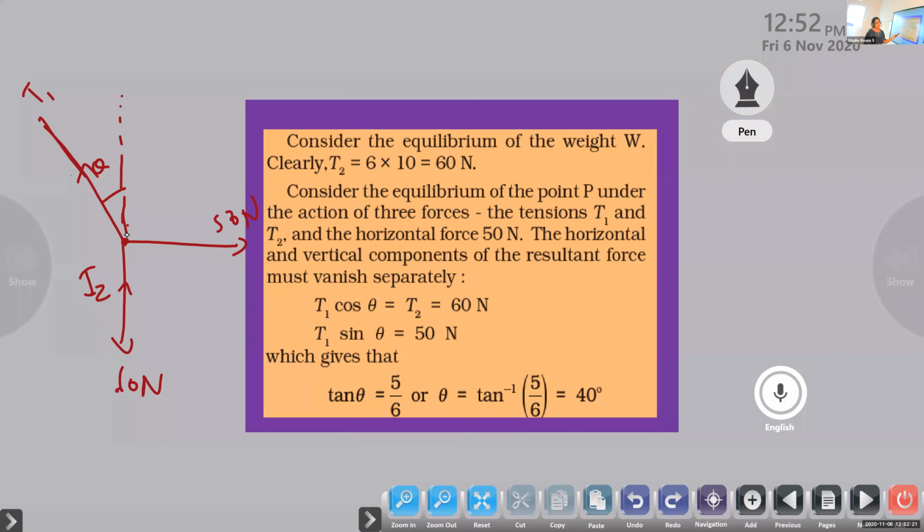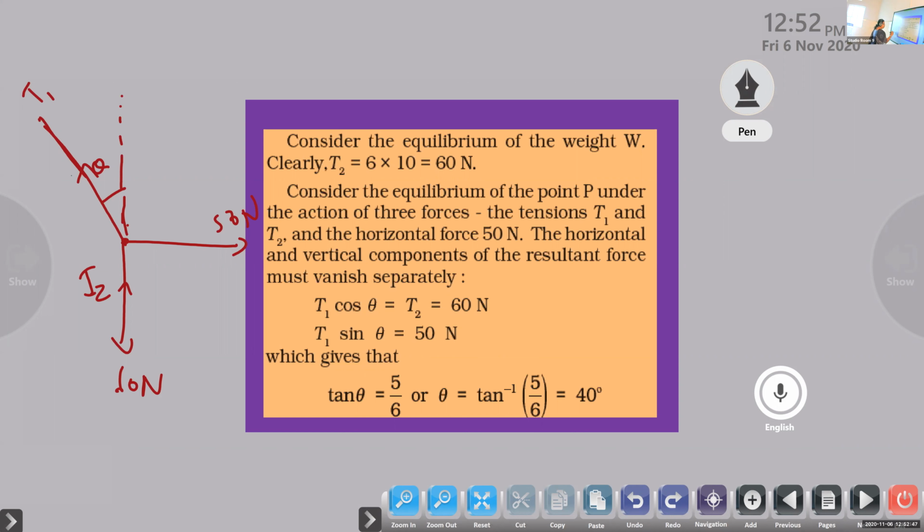By resolving the 2 components, we can see the tension T1, the theta made with the vertical line is T1. So we can say that this T1 is resolving into 2 components. That is, one is cos theta, another one is sin theta. Okay. So we don't know what this is. We don't know what this is.